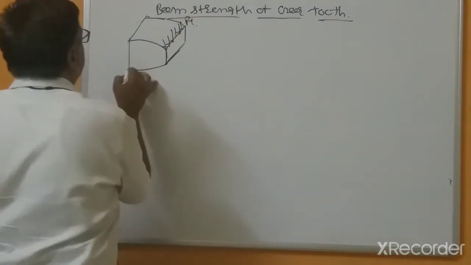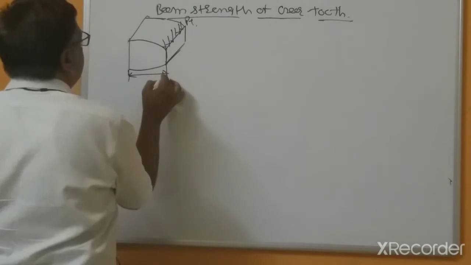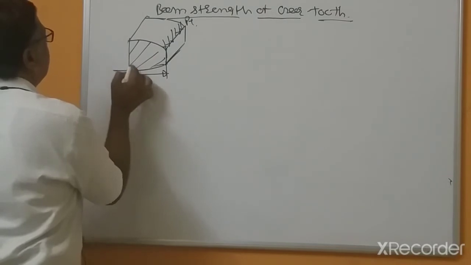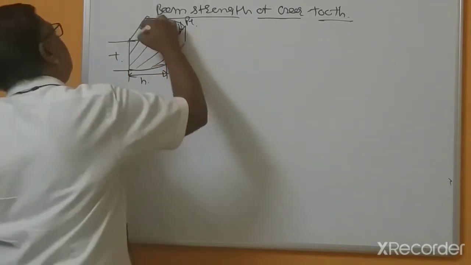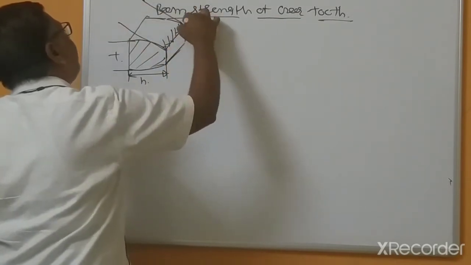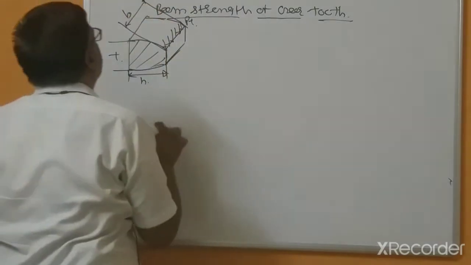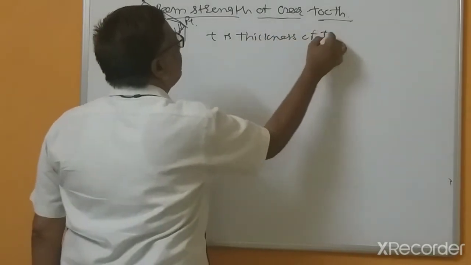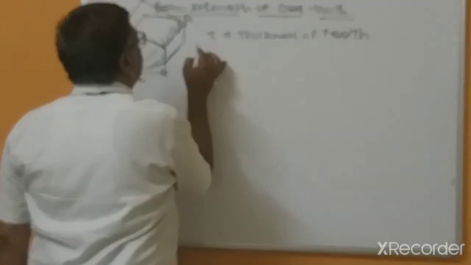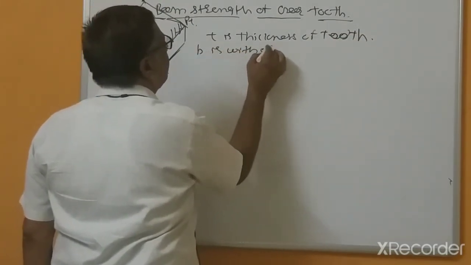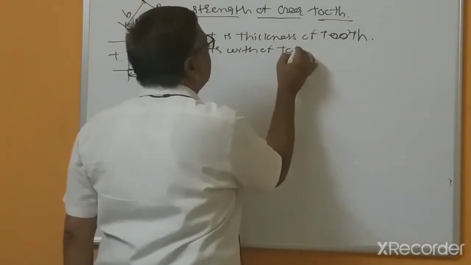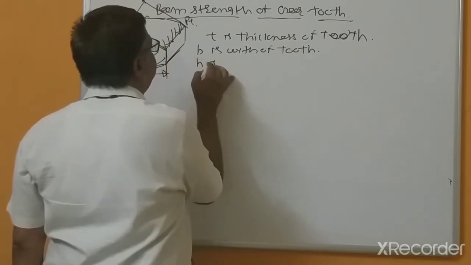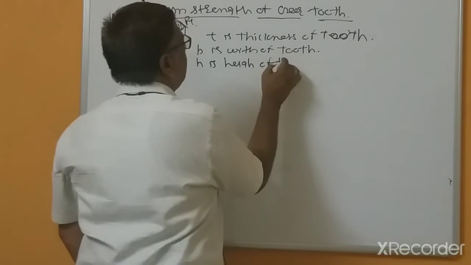That force is PT, and this distance is the height, that is the sum of the addendum and dedendum, and this is H. T is the thickness of the tooth, B is the width of the tooth, which is the face width, and H is the height of the tooth.